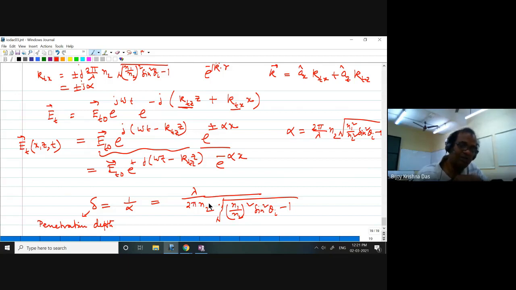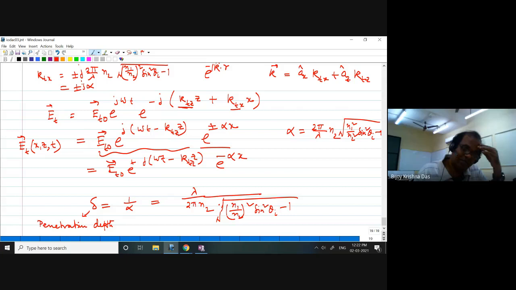When total internal reflection takes place, there will be a field existing in the second medium, but as a function of x, the vertical direction, it will be decaying exponentially.